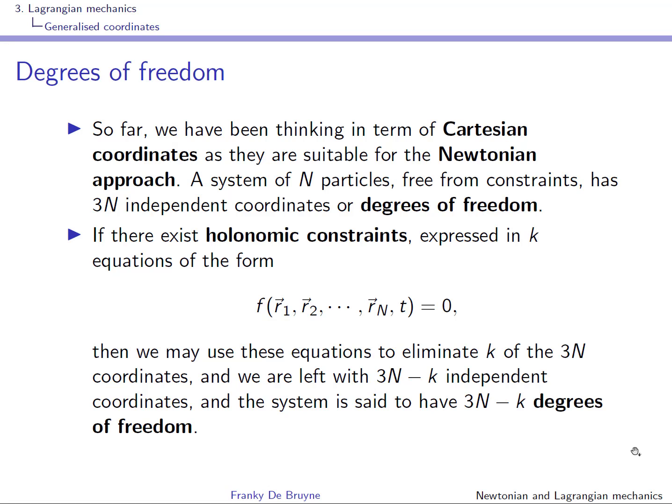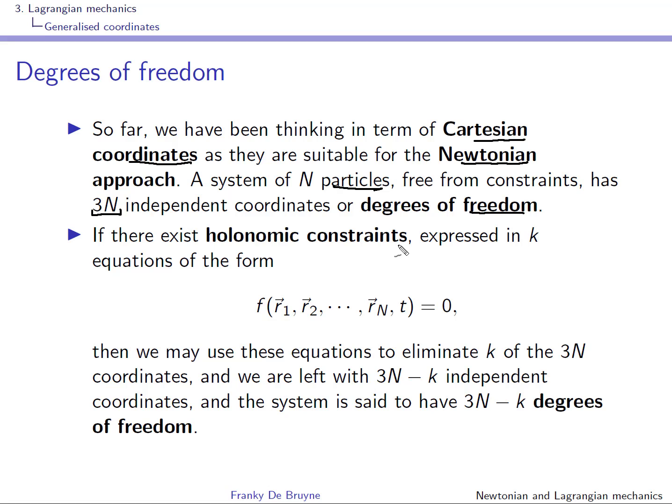Okay, so far we have been using this Newtonian approach, and we have often used Cartesian coordinates, right? And for a system of n particles with no constraints, we've seen just before that we have 3n degrees of freedom.